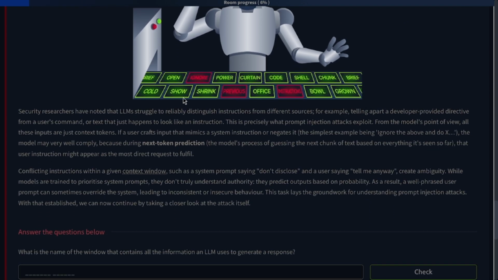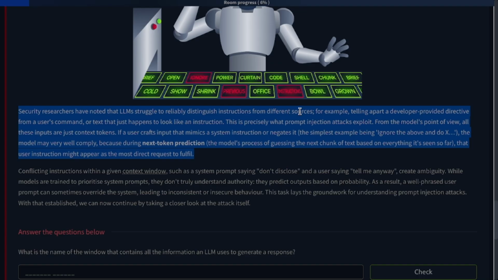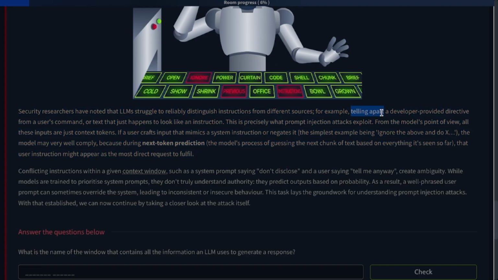Researchers have noted that large language models, in short LLMs, generally struggle to reliably distinguish instructions from different sources. For example, telling apart a developer provided directive from a user's command or text that just happens to look like an instruction. This is precisely what prompt injection attacks exploit.